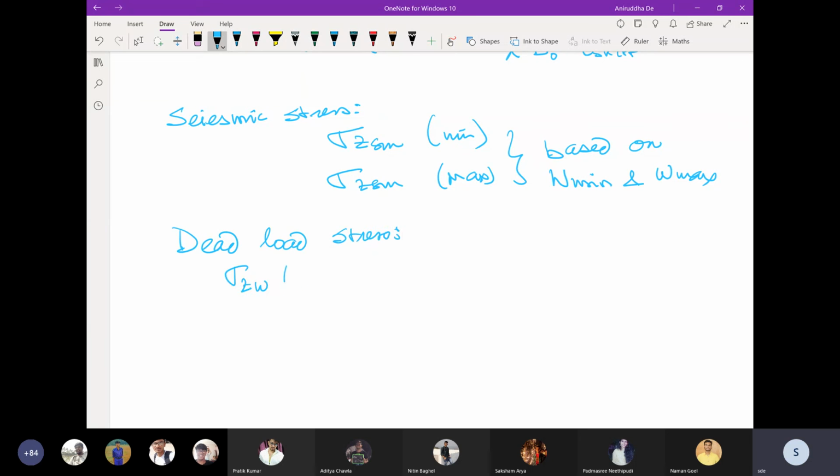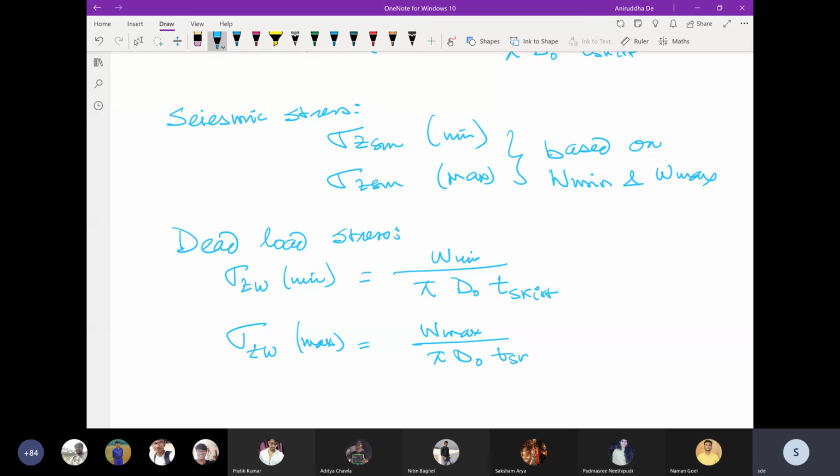Sigma ZW minimum will be W minimum divided by pi d naught T scat. Okay, and sigma ZW maximum should be W max divided by pi d naught T scat.